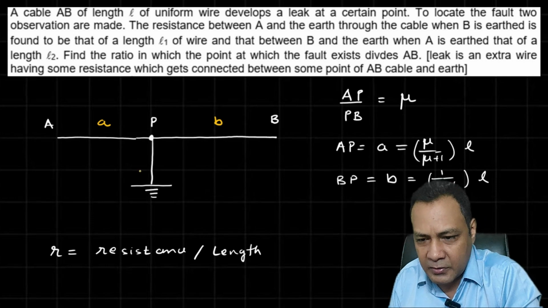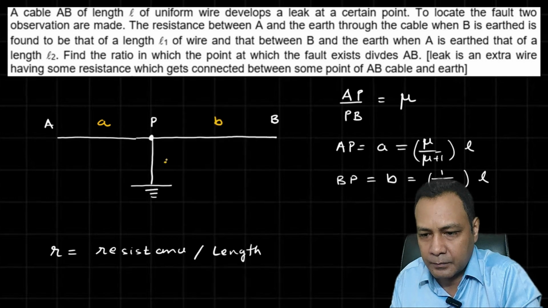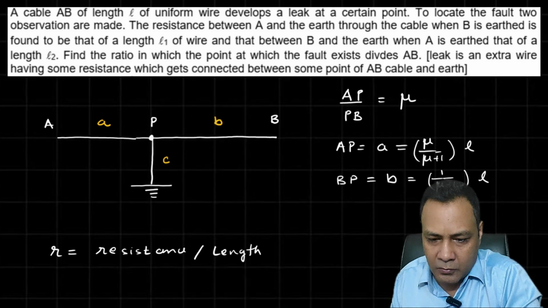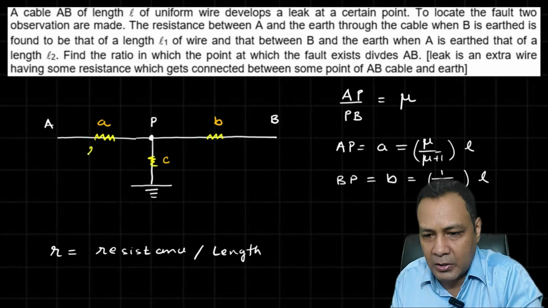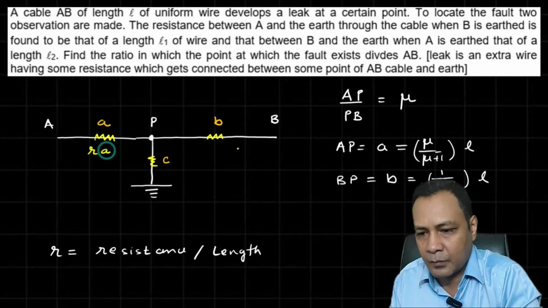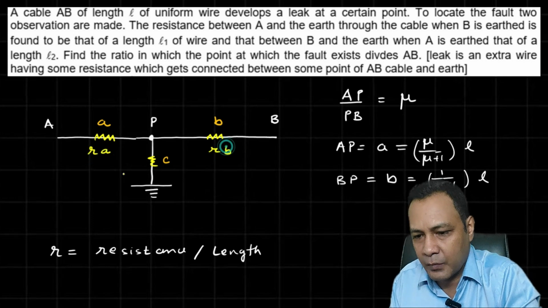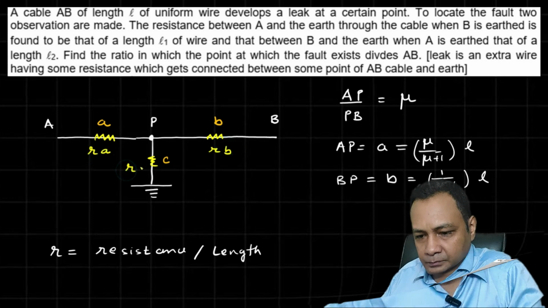Suppose its length is say C. So the resistances of these wires, this resistance, this resistance, and this resistance, would be RA, RB, and RC.